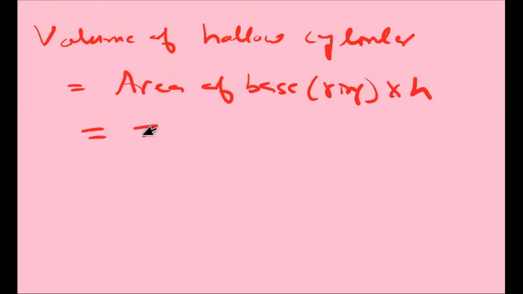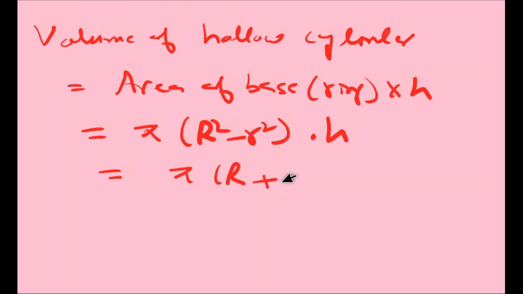The area of the ring is pi R square minus pi r square, into h. So student, you can also learn it this way: pi (R plus r)(R minus r) into h.